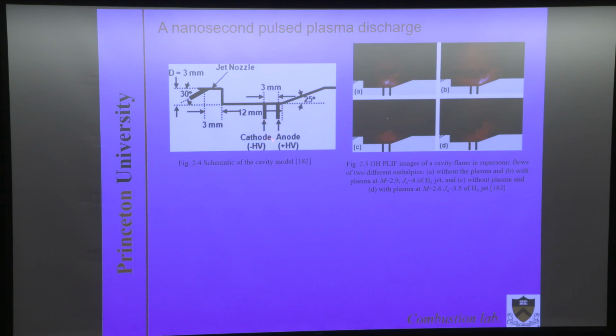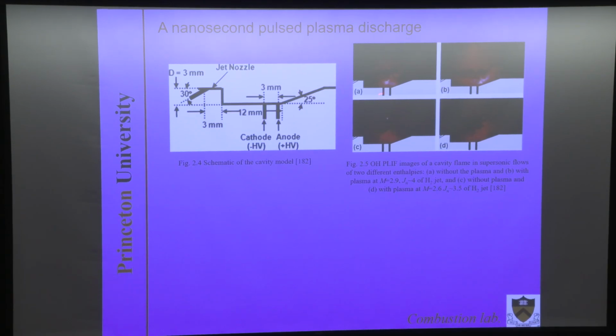This is a scramjet cavity, and they're using a cathode and an anode with a nanosecond pulse discharge to see how it enhances the combustion process.